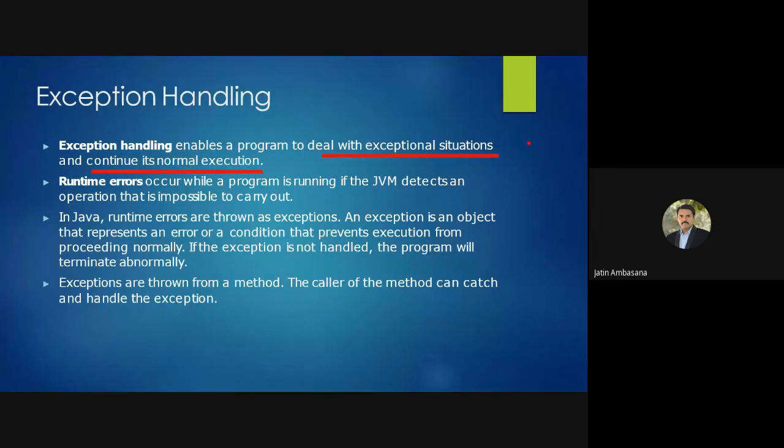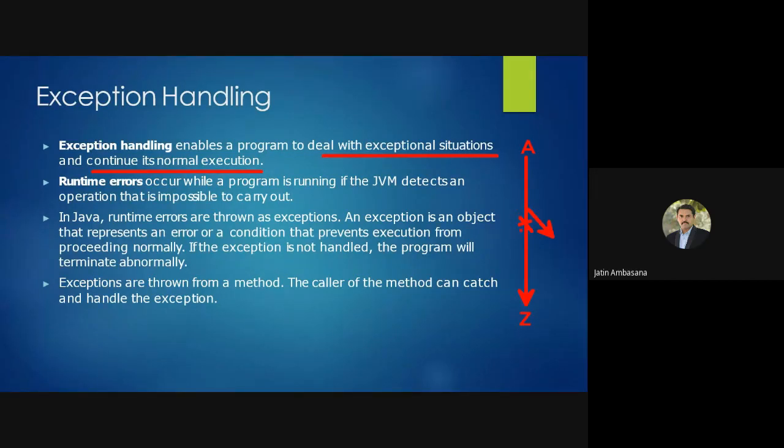Let's say a program execution starts with step A and ends at step Z. So this is a normal program execution. But what if in between the program execution stops and it exits out? That is an abnormal or exceptional situation.